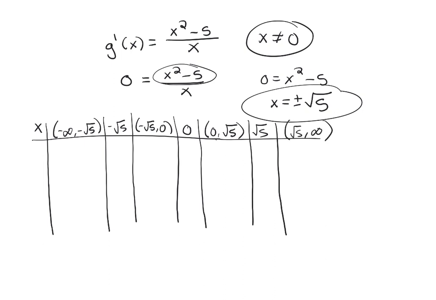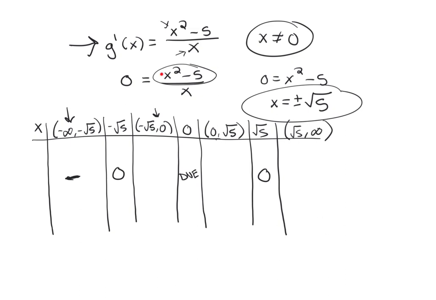So a lot going on. Well, we know that at positive and negative square root of 5 it's 0, and at 0 it does not exist. Okay, so here is the derivative function. What happens when you plug in a very small number? Here it would go positive, but here it would still be negative, so this would be negative. In this interval, let's just plug in -1.